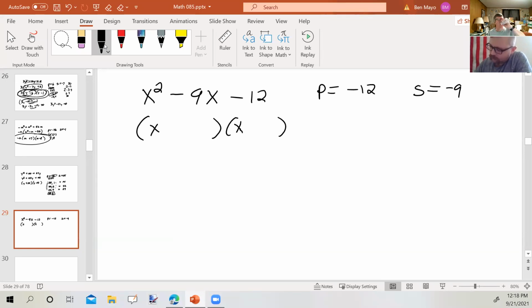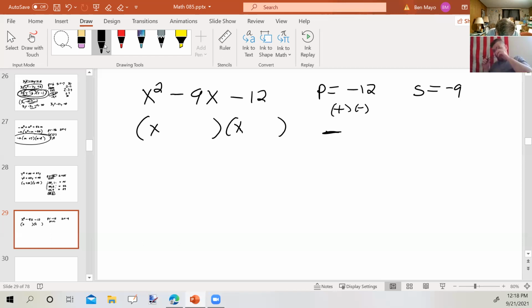Now, if the product is negative, I can't have positive times positive or negative times negative. It's got to be one of each, a positive and a negative, right? But the sum is negative, so the bigger number is negative.